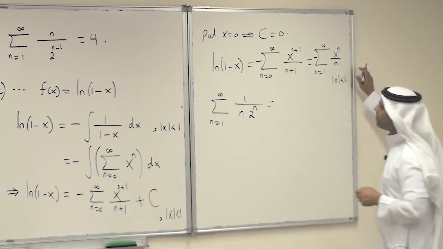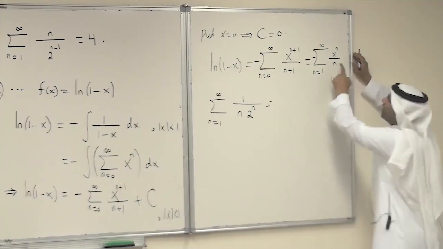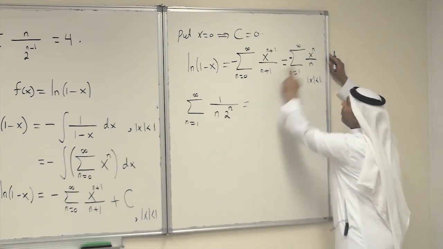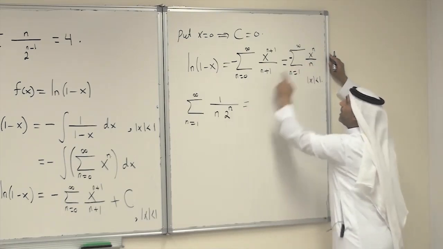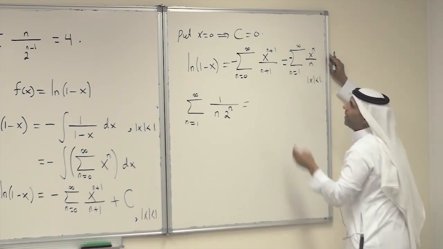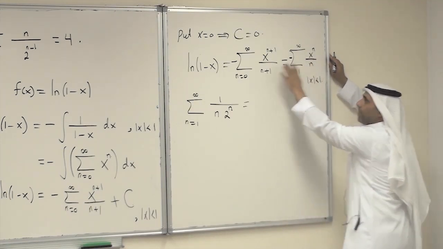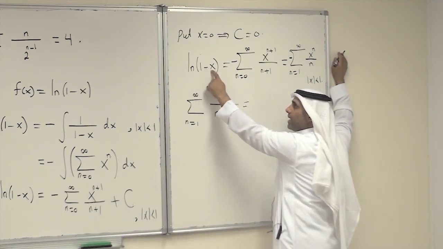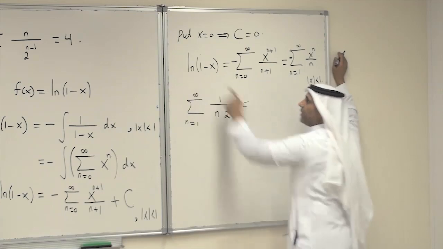Look, what I did: I am substituting x by 1/2, so that I get 1 over n, 2 to the power n. If we substitute in the right-hand side by 1/2, we can substitute also here by 1/2. 1 minus 1/2 is equal to what? It's equal to 1/2.